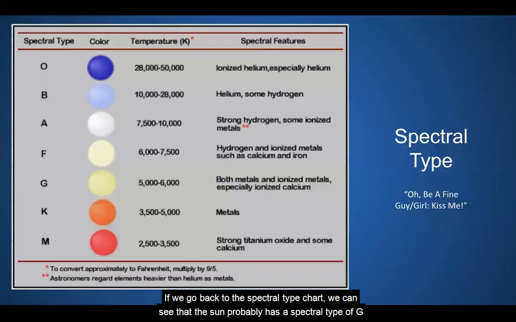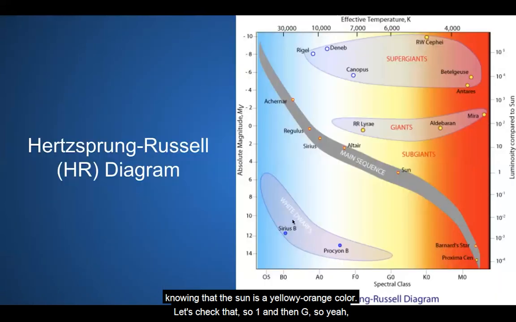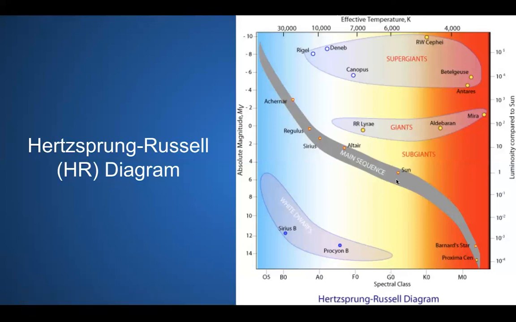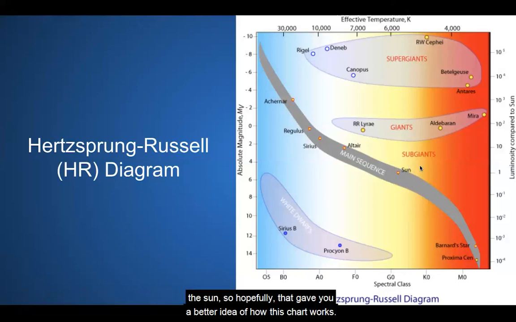If we go back to the spectral type chart, we can see that the sun probably has a spectral type of G, knowing that the sun is a yellowy orange color. Let's check that. So 1 and then G. So yeah, we were right. That does lead us to the sun.